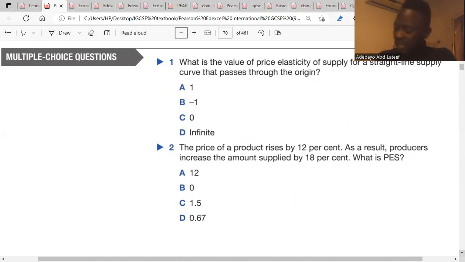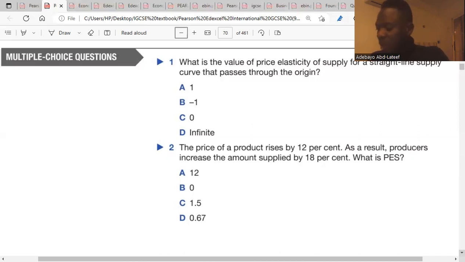Then we say PES is Q2 minus Q1 over Q1, divided by P2 minus P1 over P1. So 118 minus 100 over 100 gives us 18 over 100, divided by 112 minus 100 over 100, which gives us 12 over 100.